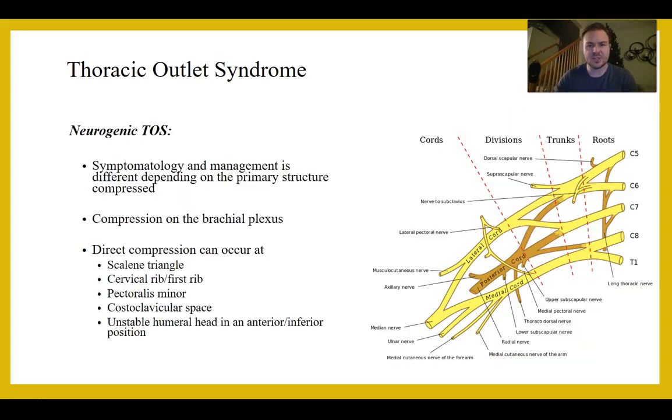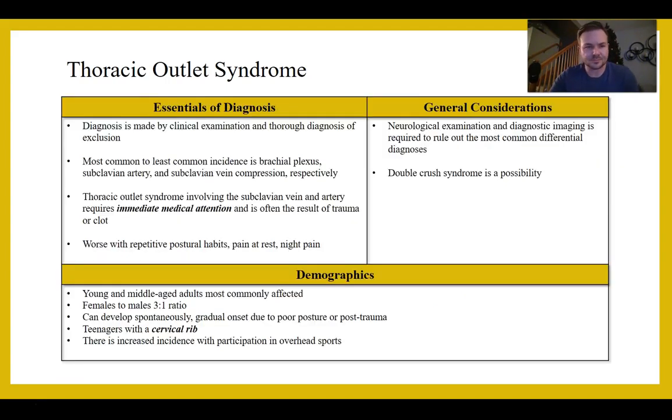Sticking with neurogenic, this is usually due to compression of the brachial plexus at some point in the chain. It could be compression at the scalene triangle, the cervical rib or the first rib, the pec minor, the costoclavicular space, or if you have an unstable anterior humeral head, you can have compression of the brachial plexus that way as well. This can cause symptoms down the arm.